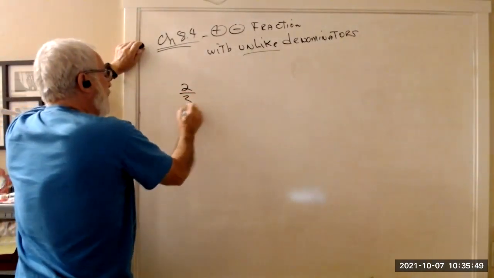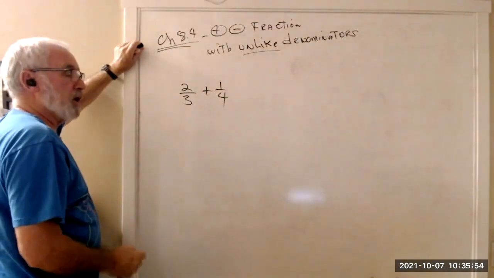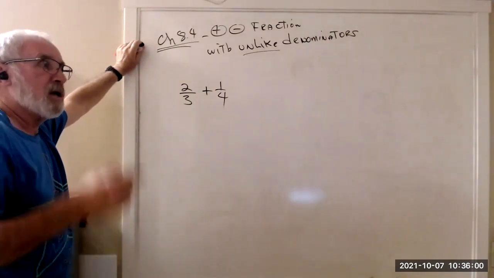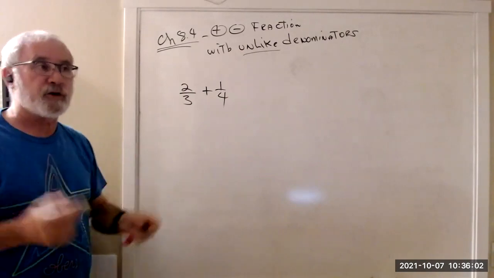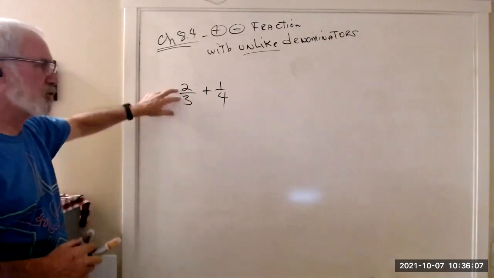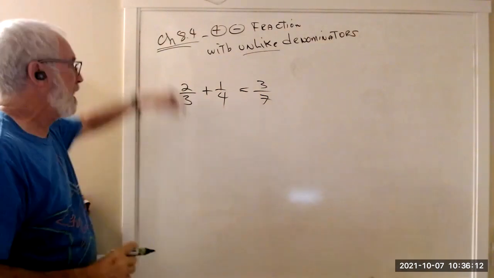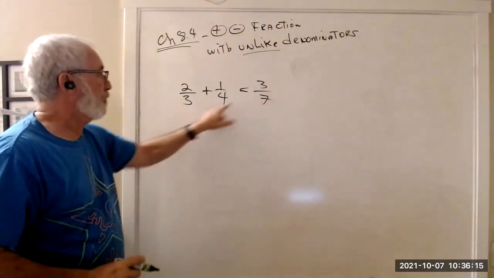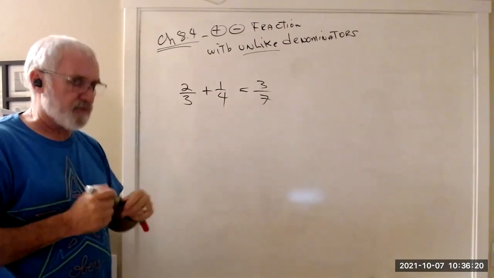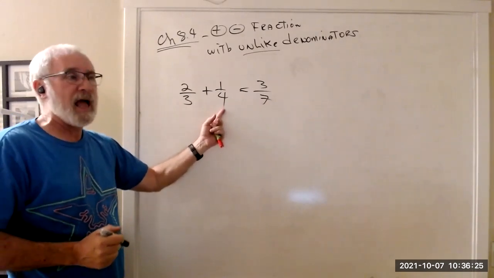If you tried to add 2/3 plus 1/4, okay, you can't add them. Okay, now here's a slick way of doing this problem. Does everybody understand that you can't add this? You can't say that this is 3/7. You can't go 2 plus 1 is 3, 3 plus 4 is 7. Okay, the fundamental rule for adding or subtracting fractions was the bottom number has to be the same. Has to be.